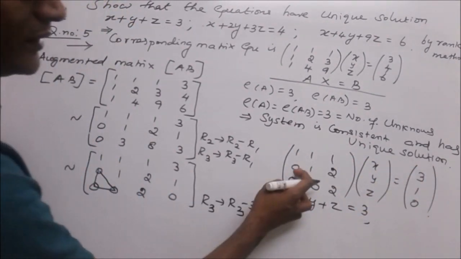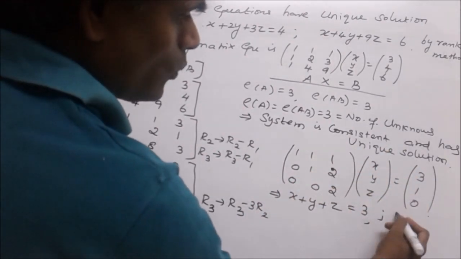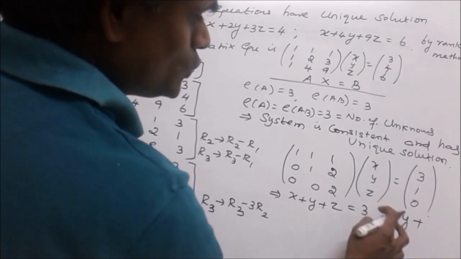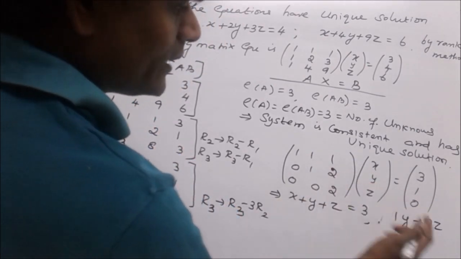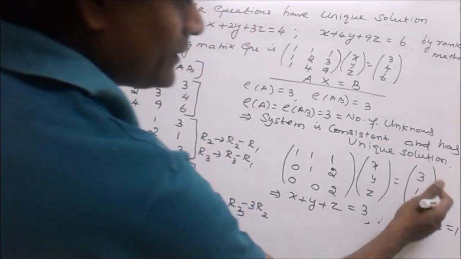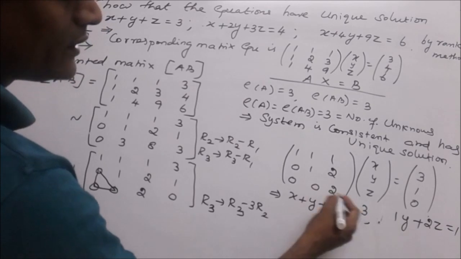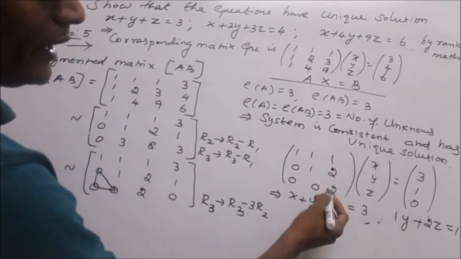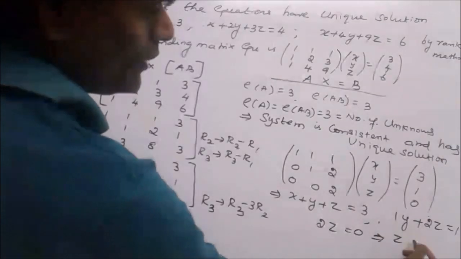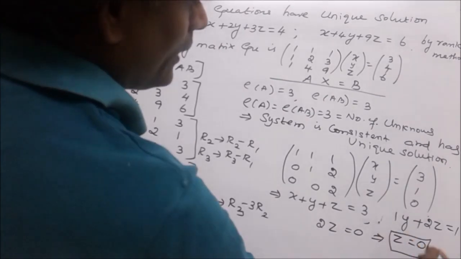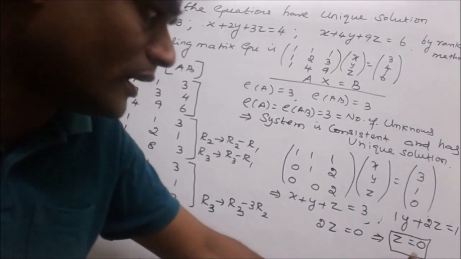The second equation is 0x, which we can omit, y plus 2z equal to 1. For the third, 0x, 0y and 2z equal to 0, which implies z equal to 0. We have found one solution: z equal to 0.